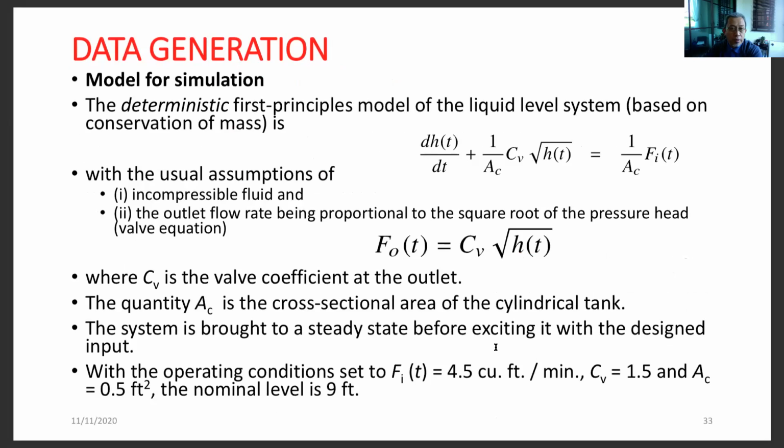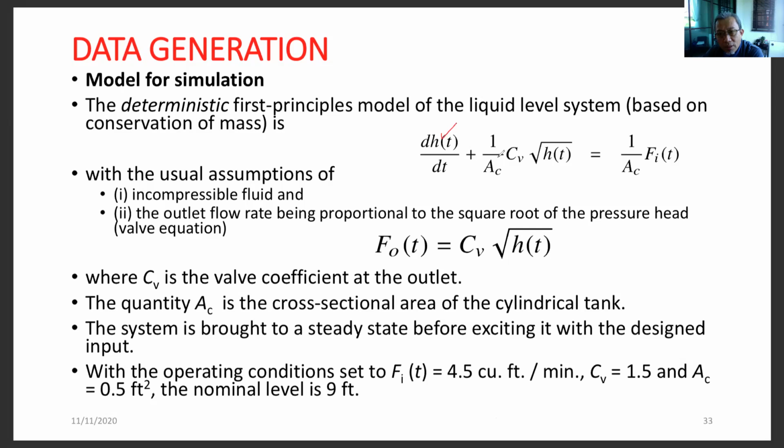So the first principle models are based on the law of the liquid level system, which is the conservation of mass: d/dt H(t) plus 1 over Ac times Cv square root H(t) equals 1 over Ac times Fi(t), where H is the level.